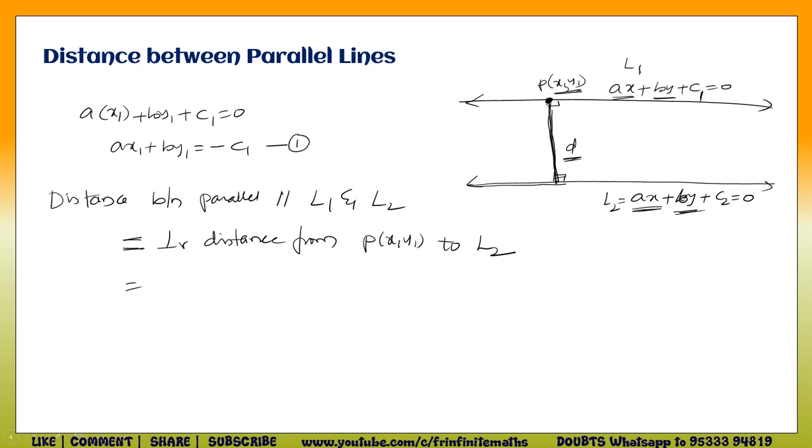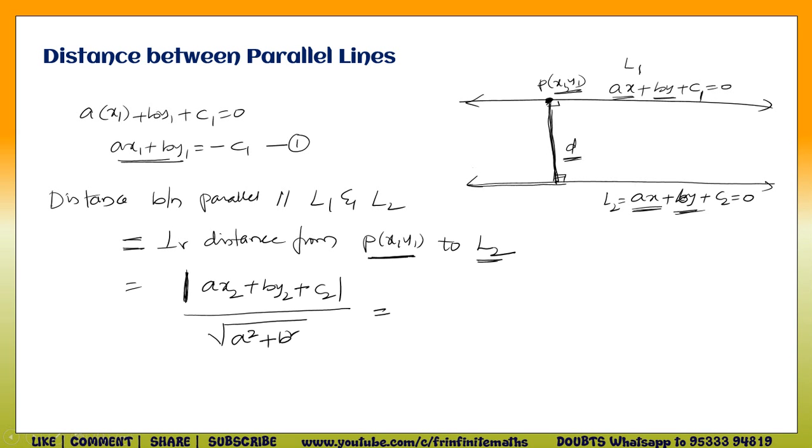We already know the perpendicular distance from point P to L2 is given by the modulus of substituting this point in this equation. That means a into x1 plus b into y1 plus c2, divided by root over, since the x and y coefficients are the same, root a square plus b square. So it is ax1 plus by1 plus c2 by root a square plus b square.